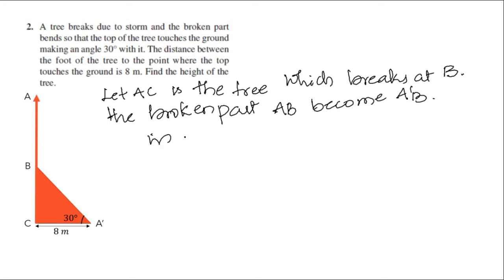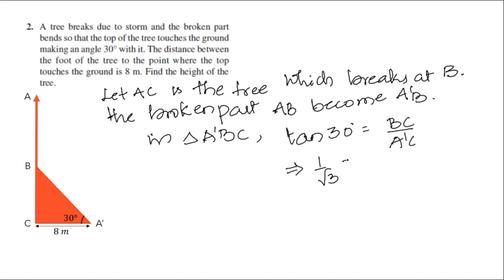Look at the triangle A dash BC. We have got tan of the angle, tan 30 degree is opposite side upon the adjacent side. Tan 30 degree is nothing but 1 upon root 3. This will be equal to the length of BC to be found divided by 8. Therefore, BC will be 8 upon root 3.